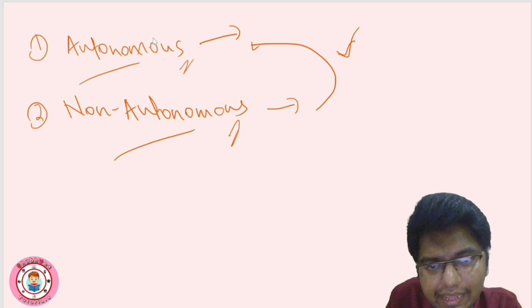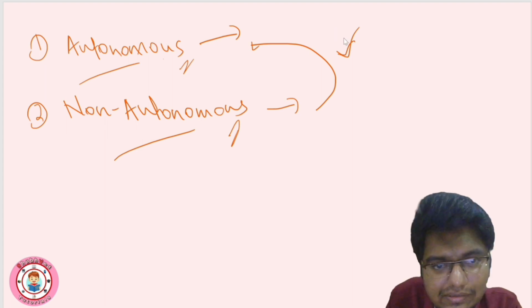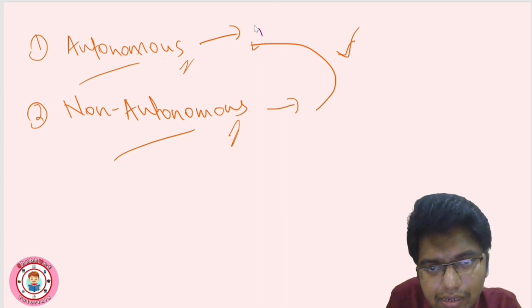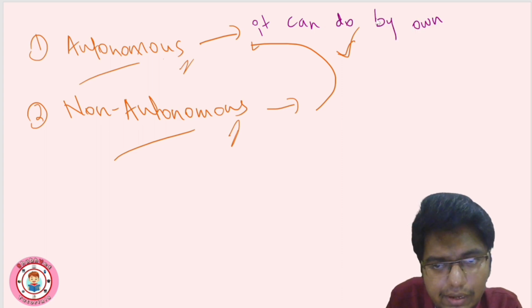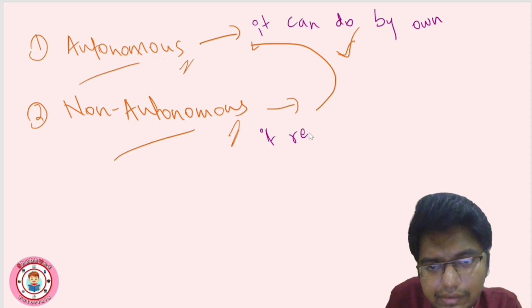So it will take transposase gene from autonomous. Okay, I will write here autonomous. It can do transposition by its own. And here in non-autonomous, it requires help of autonomous.